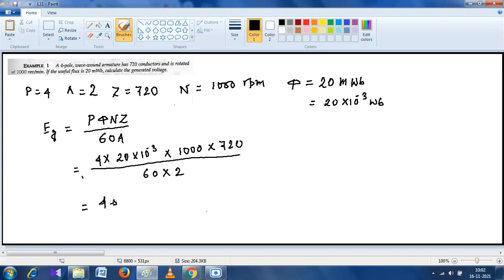Yes, 480 volts. You should write the unit at the end, of whichever quantity you are calculating. So here the voltage generated is 480 volts.